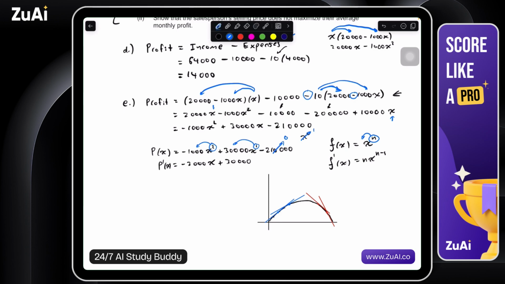We see we're having increasing slope, increasing slope, increasing slope, but there's going to be one point on this function where we move from increasing to decreasing, and that's a point where we have a slope of 0, where p prime of x, the derivative itself, is equal to 0.